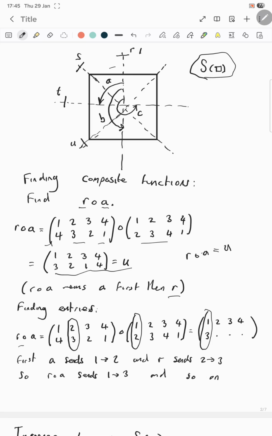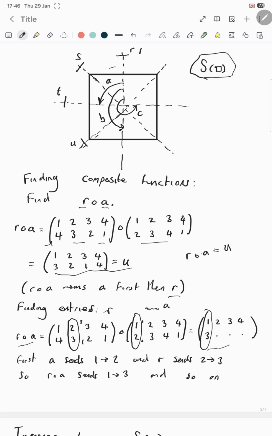So finding entries, R and A. So we go through the process here. A first, this is A, and this is R. So A first, we're starting from 1 to 2, and then on the next one it's 2 to 3, and then from that we have 3 to 4 and so on.